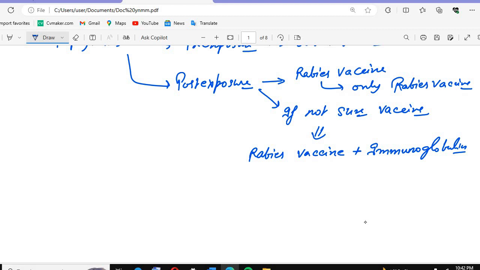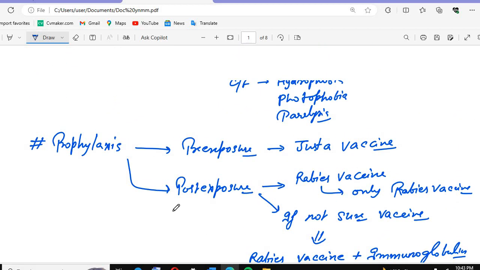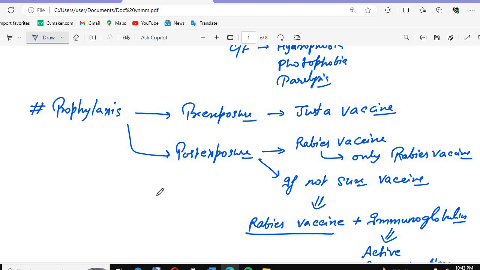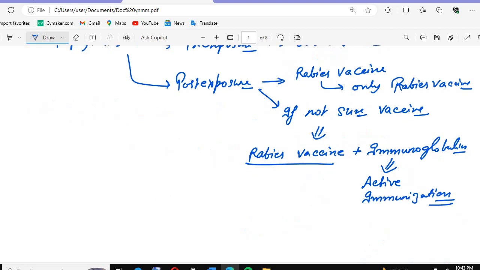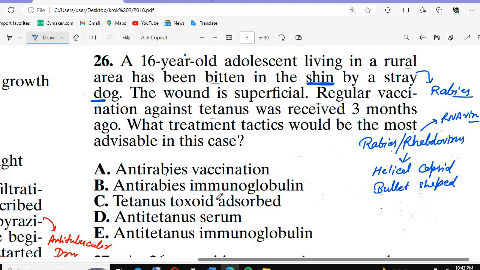But if he is not sure or didn't take any vaccine in the past, we give him the rabies vaccine along with the immunoglobulin. And this immunoglobulin will provide passive immunization to that patient. That's why we give the immunoglobulins. That you need to remember. The prophylaxis is a very important point, so remember this point.